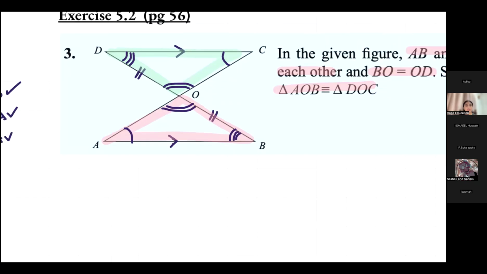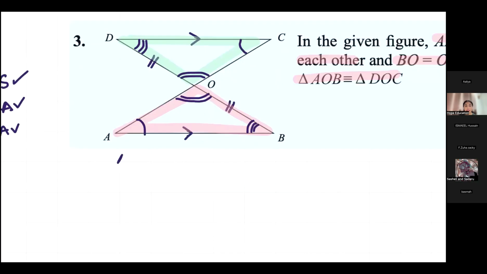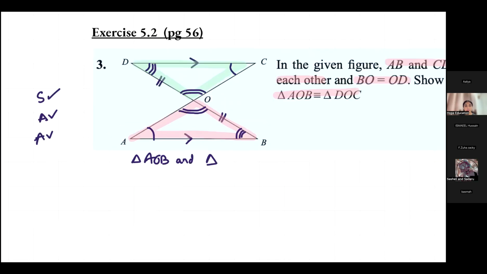So AOB and DOC, first of all, I will put the topic. Triangle AOB and triangle DOC. I'll just pick two angles. Out of the three angle pairs, you can just use two of them. So you can pick which two you are going to select. I will write this and this.